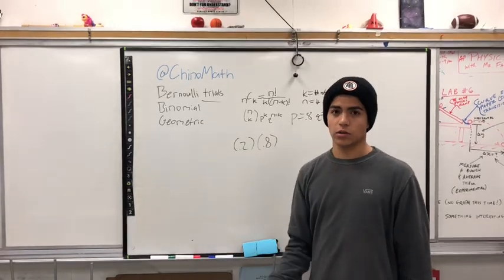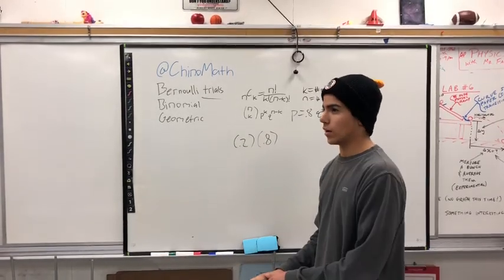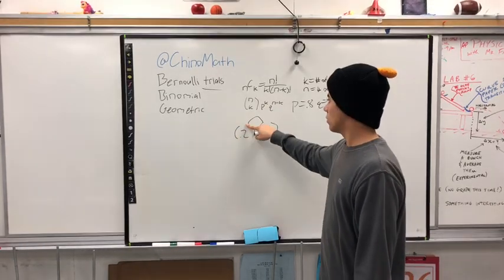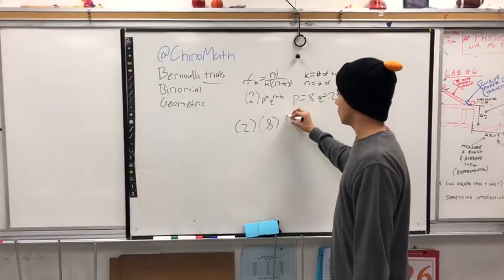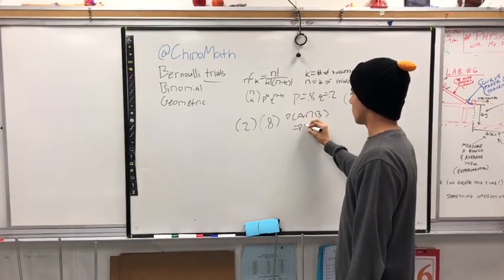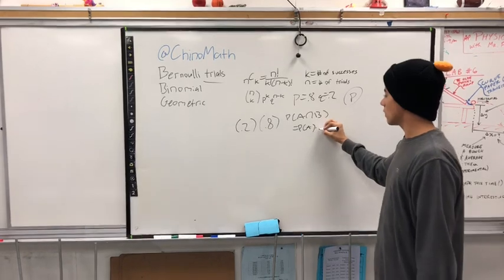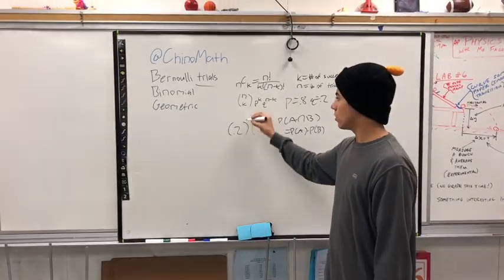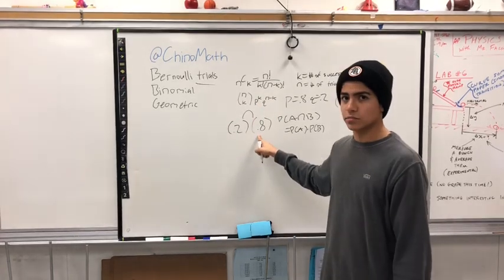If you are currently in AP statistics, you are aware that this is kind of an "and" situation. When we have the probability of A and B, this is equal to the probability of A times the probability of B. In this case, we have a failure and a success.